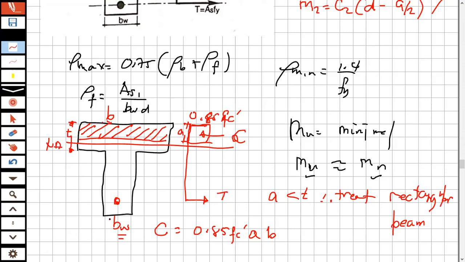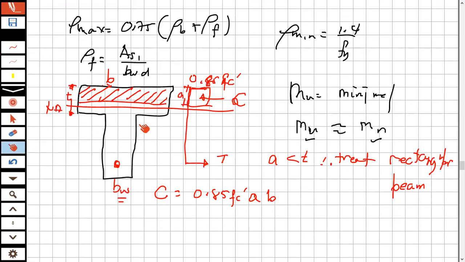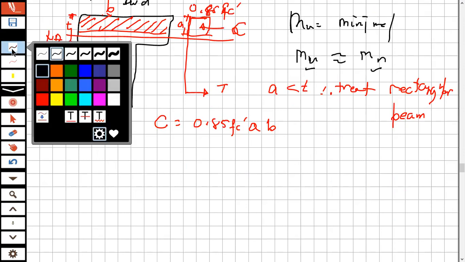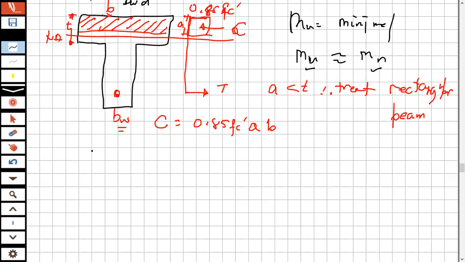Ang mga analysis usually sa T-beams, analysis is when the analysis is located in the midspan. Ibig sabihin, yung midspan, ang tension reinforcement is nasa baba. Okay? At the bottom. Halimbawa, here. This is our beam.